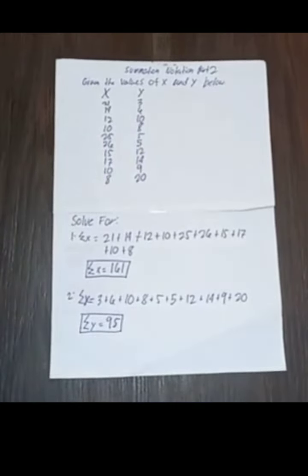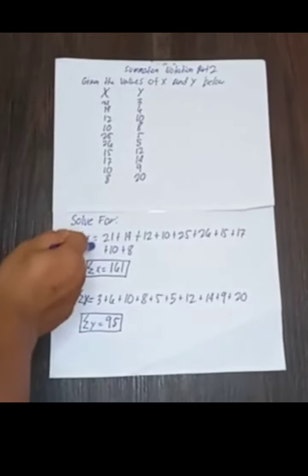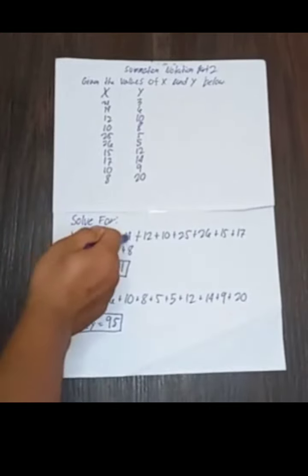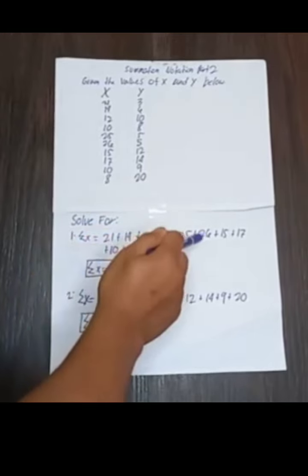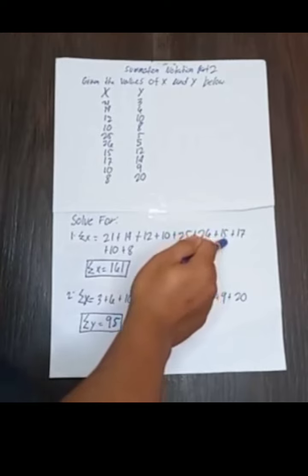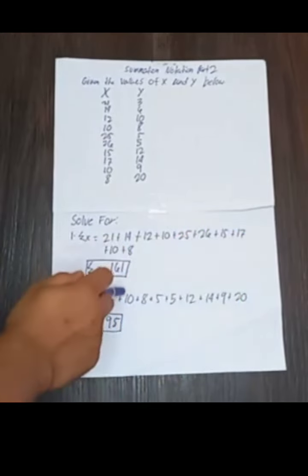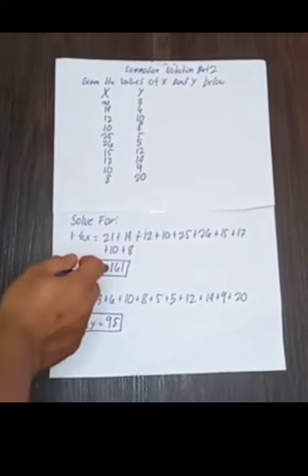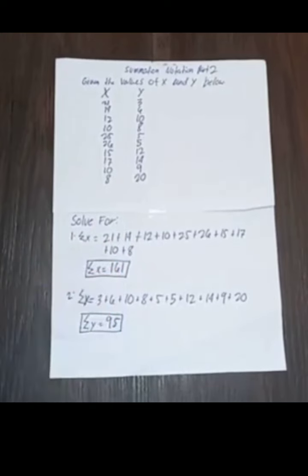Now, we solve for summation x. Summation x is equal to 21 plus 14, plus 12, plus 10, plus 25, plus 26, plus 15, plus 17, plus 10, and plus 8. So, summation x is equal to 161.